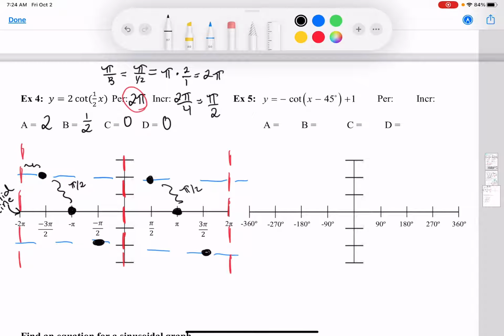Okay, and then now I'm going to draw my two lines. Let me just erase what I put there. And so my two lines, again, I'm starting at the top now and going down for cotangent. And there we have our graph.